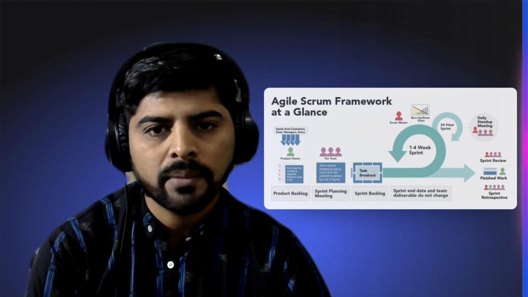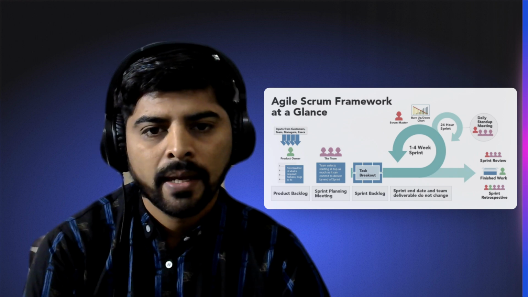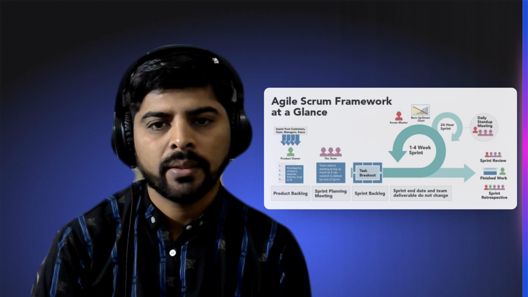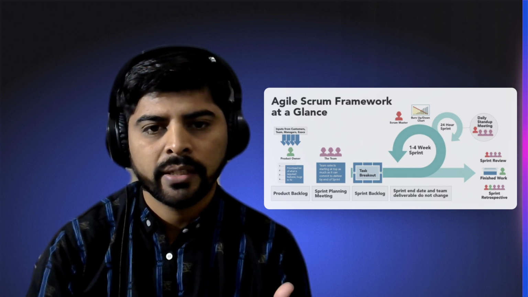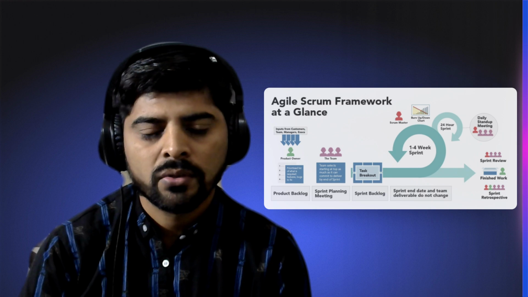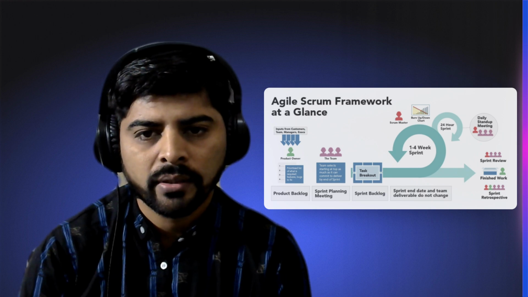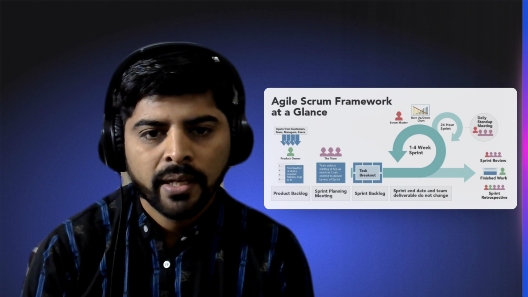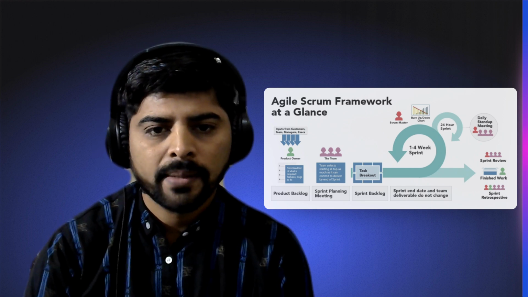So let's discuss the Agile Scrum framework. In Agile Scrum, we have a product backlog, where all the product features are listed. We usually list all those in our tool, which is called Jira, and we hold sprint planning meetings.